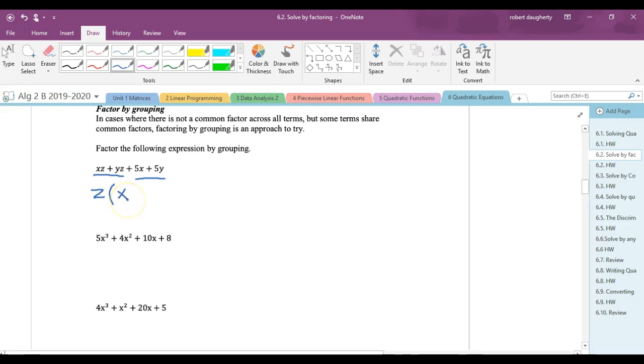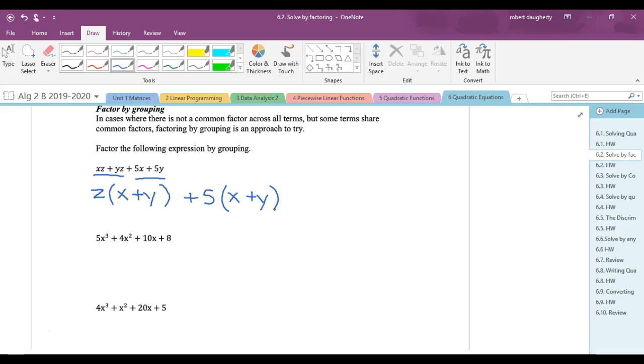X. What do you multiply Z by so that you get YZ? Plus Y, okay? Now let's move on to the next terms. What do the next two things have in common? 5. What do you multiply 5 by to get 5x? X. What do you multiply 5 by to get 5y? Y. Okay. So I've got Z times X plus Y plus 5 times X plus Y.